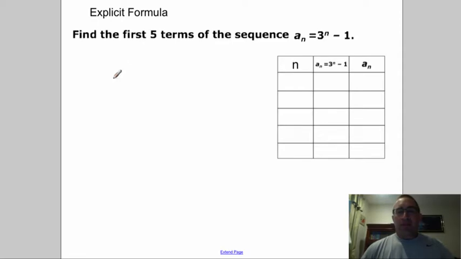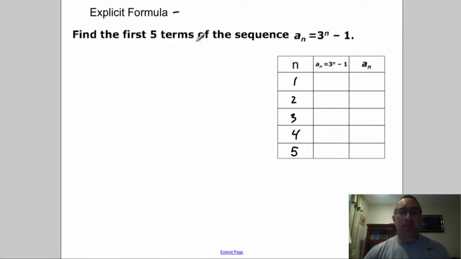Now let's look at some examples of how we find terms in a sequence. So this says find the first 5 terms of the sequence. So in other words, n is going to be 1, n is going to be 2, n is going to be 3, n is going to be 4, and n is going to be 5. Okay?